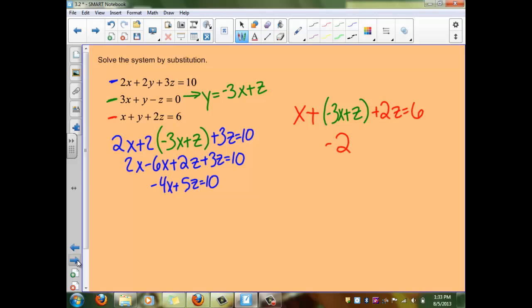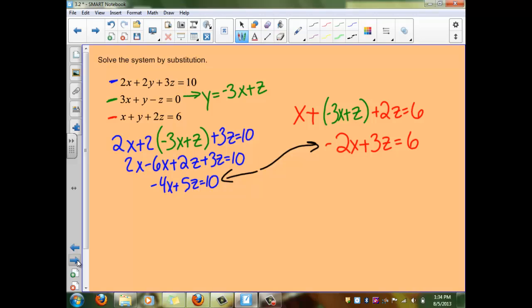We'll get negative 2x plus 3z equals 6. Notice now, both here and here we have equations with x and z. So now we can do what we'd been doing earlier this section. We just had 2 equations. Get one of them down to a single variable, substitute it into the other one.